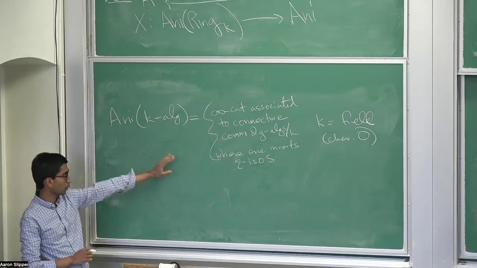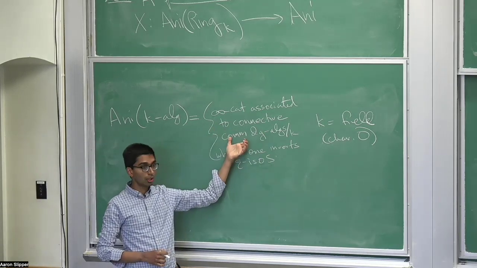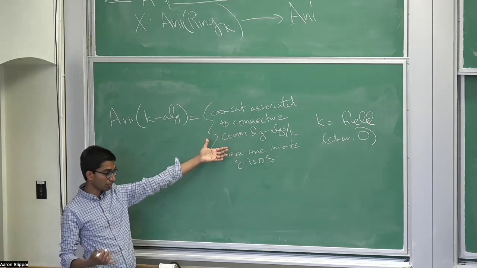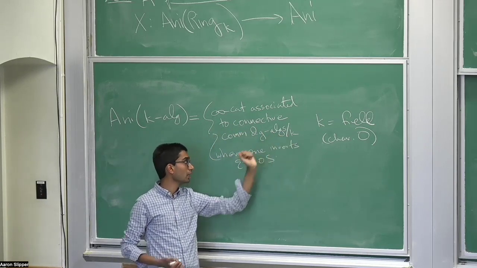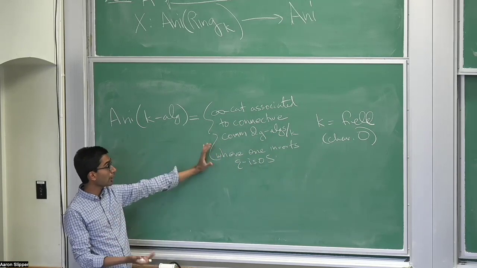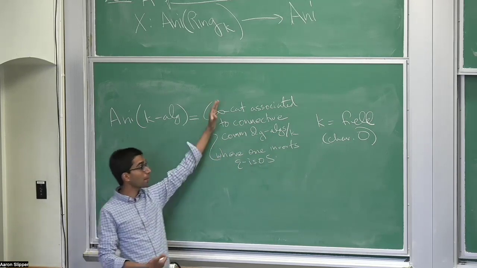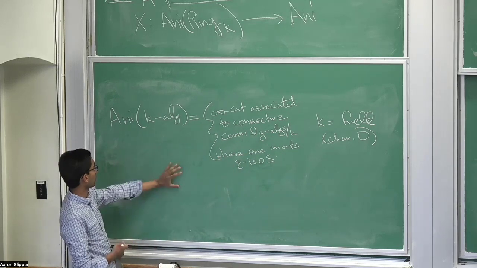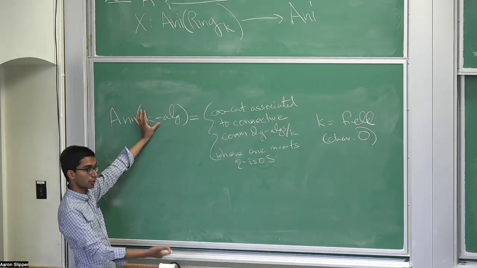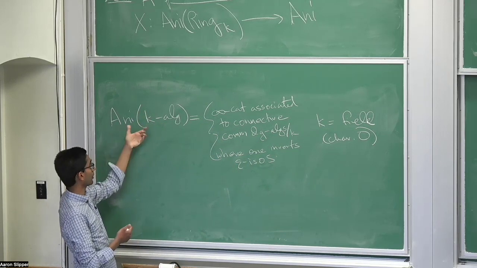So you start with the category of connective, so in non-positive cohomological degrees, commutative DG algebras over K, and in that category you have the notion of quasi-isomorphism, and then you invert the quasi-isomorphisms.